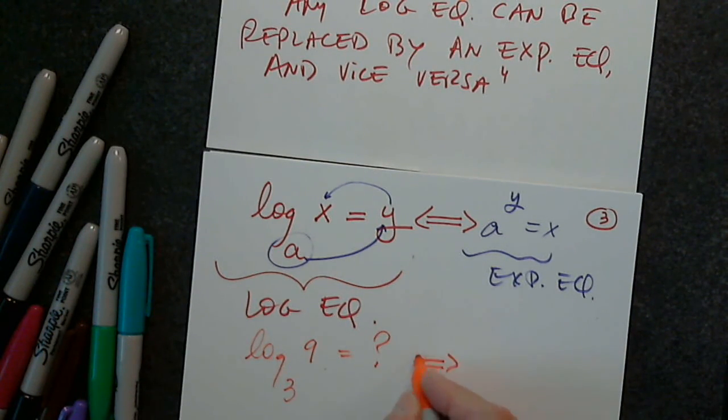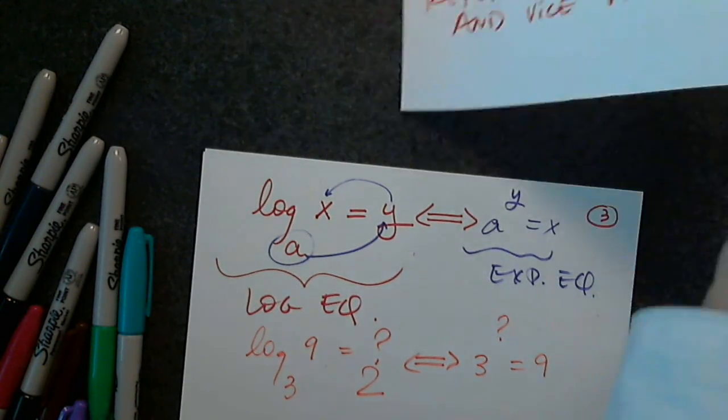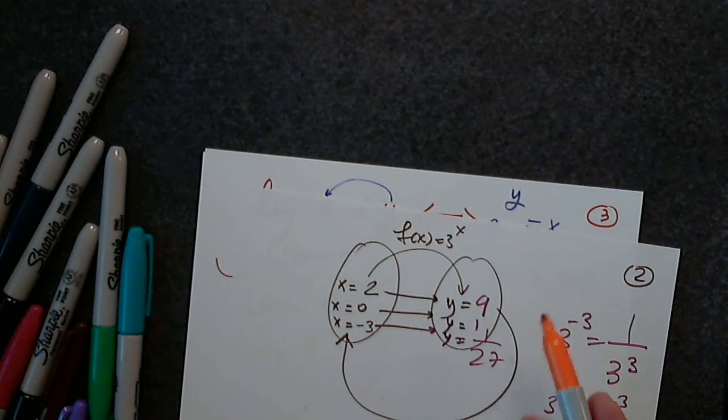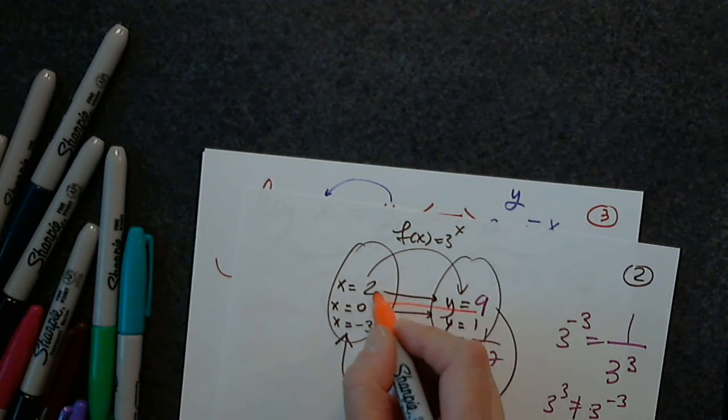But I know that this can be changed into, can anyone give us the exponential equation? 3 raised to, I have no idea, equals 9. 3 raised to whatever equals 9. What should whatever be? And no other number is possible. Two indeed. So then for now we know that when we apply log base 3 to 9, we get back 2.